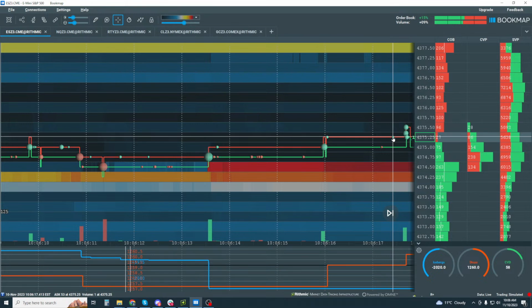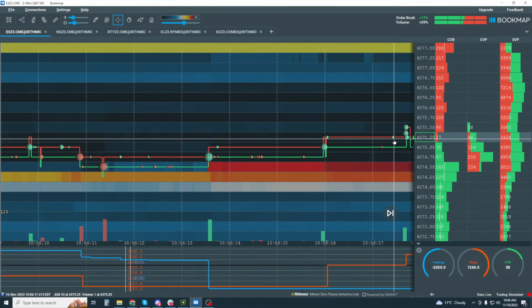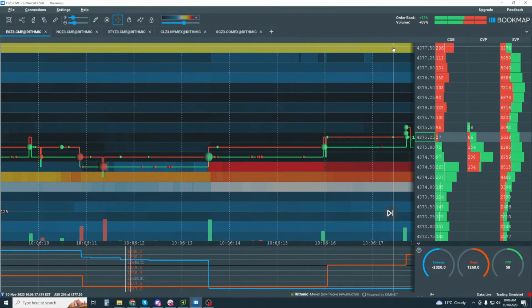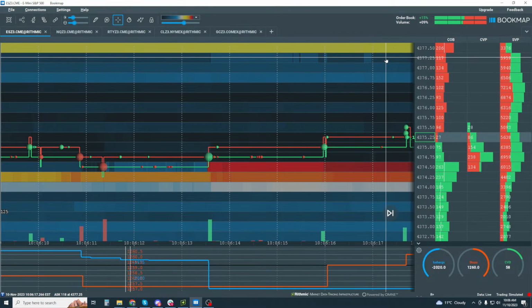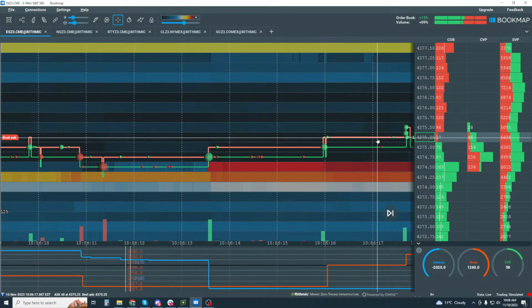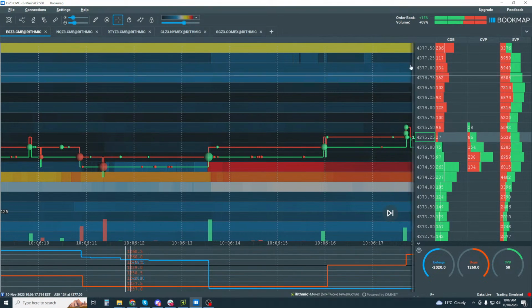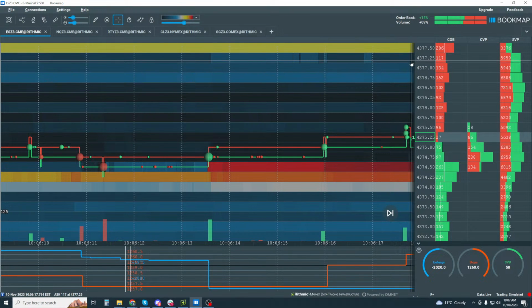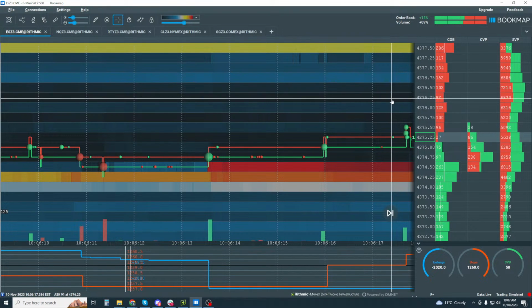I don't really care what price I get. Almost, you're almost saying that. Like, of course you do. You're looking at the best offer. But what if the spread widens out? Well, if the spread was up here at 77 and a quarter, even though the last transaction was down here at 75 and a quarter, you're going to get filled up here. Okay, so that's how the market works.